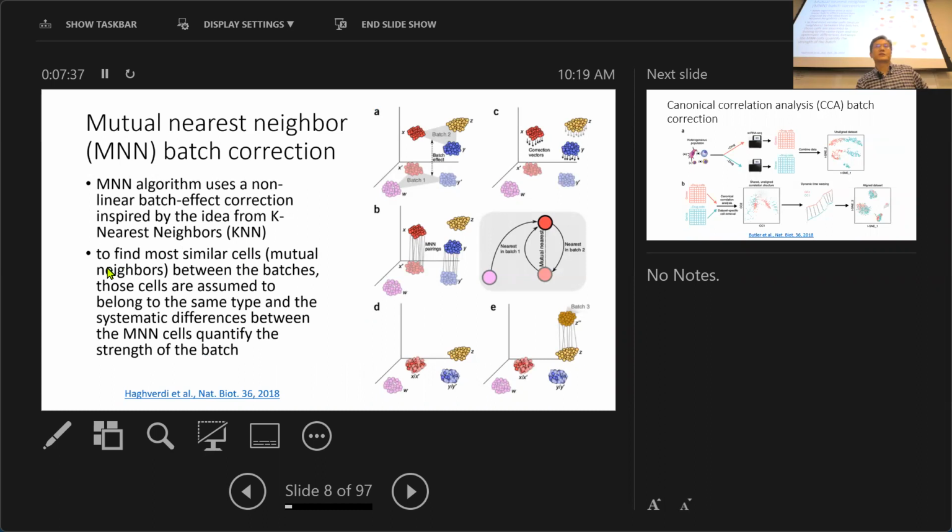But if you want to use a more fancy approach, this was published in 2018. It's called mutual nearest neighbor. Let's see how it works. So we have two batches of data, one in this faded out color, with 3 clusters, and another is batch 2 here.